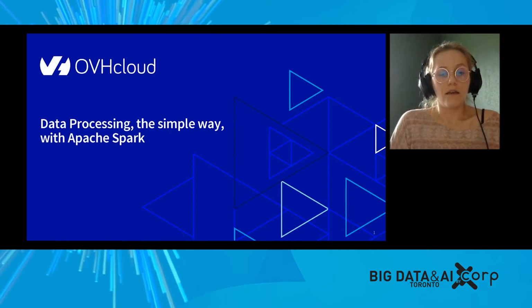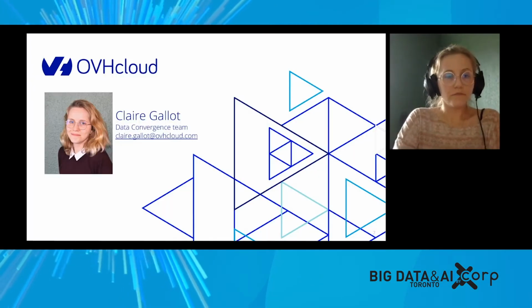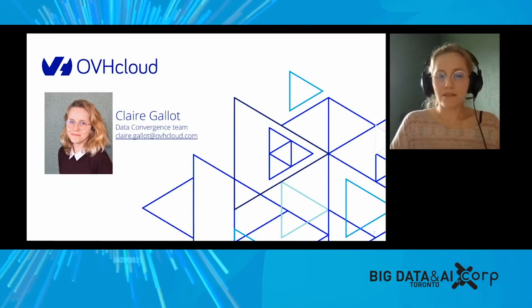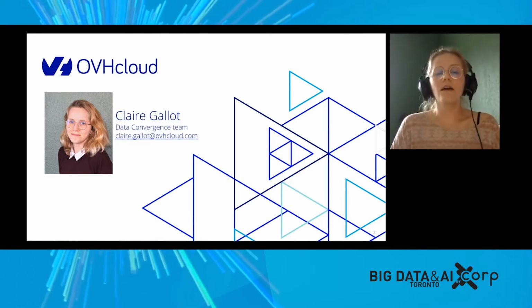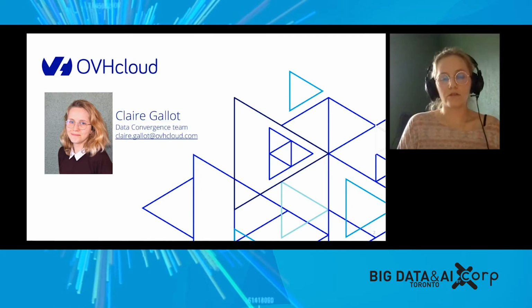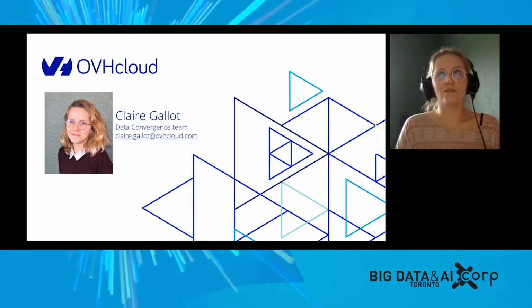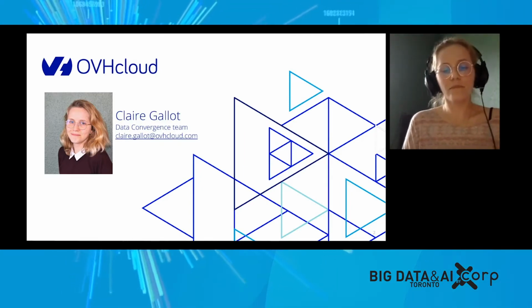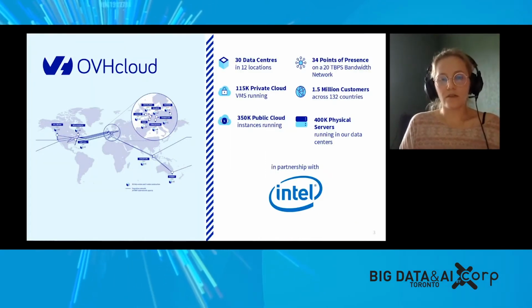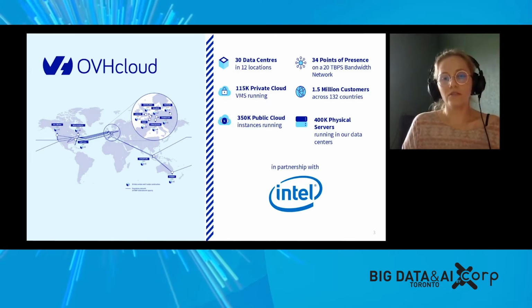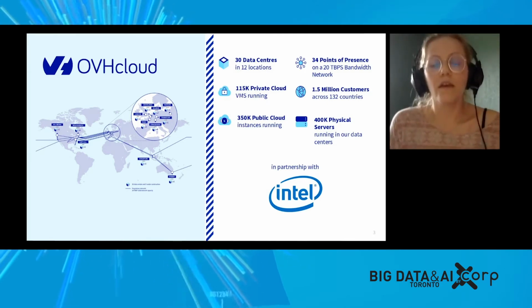But first, let me introduce myself. My name is Gallot. I've been working at OVHcloud for 2 years now as a DevOps in the data convergence team, which is a big data solution-oriented team. OVHcloud, if you don't know, is a global and the leading European cloud provider.